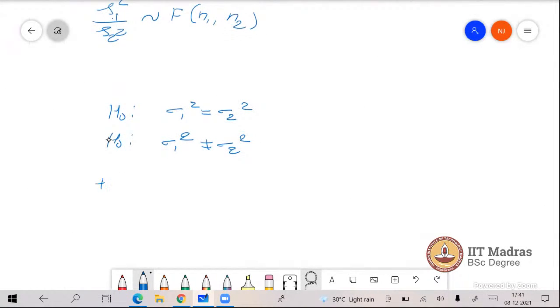Now, can you find the probability of type 2 error? How will you find it? Anyone? Give it a try, just go step by step. What is the type 2 error?